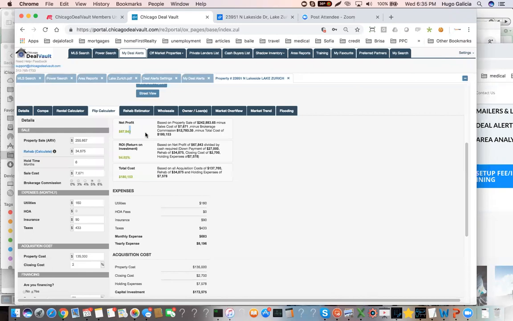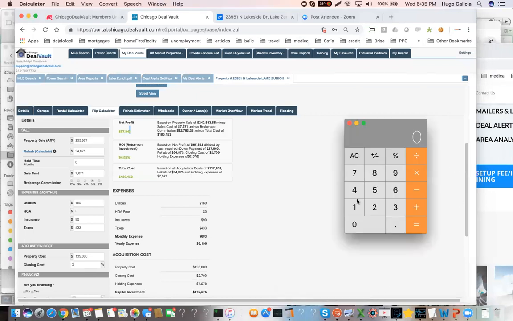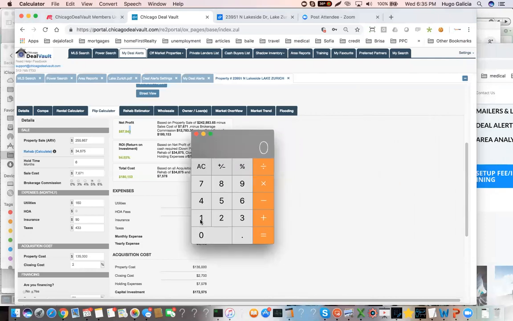Because if you think about it, we purchased the property for 135 and we put down 15%. So let me show you the numbers. So 135 times 15%. So we put in about 20,000. And now if we add a profit of about 67,000, that's going to be 87,000, right?